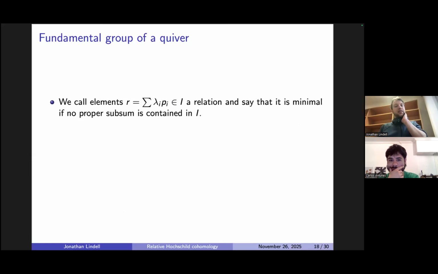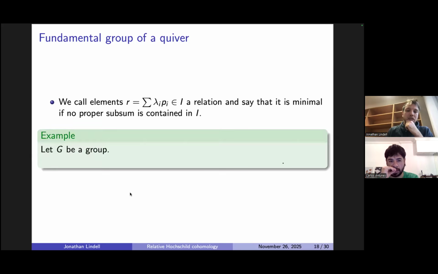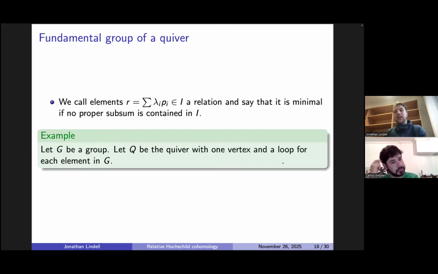Then we call elements in I, the kernel here, relations, and we say that they are minimal if no proper subsum of such a relation is contained in I. We take the smallest sums, in some sense. If we now give an example, if we take G to be a group, then we can take the quiver with one vertex.